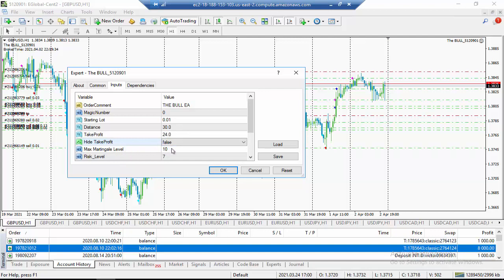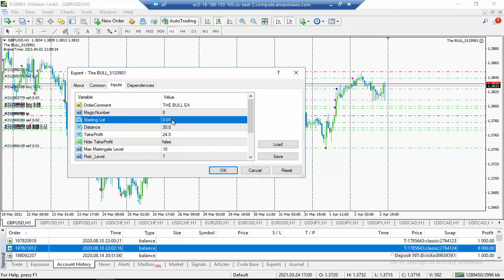Martingale level, I put it 10. Why did I put 10? If I put 10, that means, you remember that my first starting lot is 0.01. So now if I put martingale level to become 10, that means I'm going to use 0.01, 0.02, 0.03, 0.05, 0.08, 0.13, 0.21, 0.34, which is 1, 2, 3, 4, 5, 6, 7, 8.